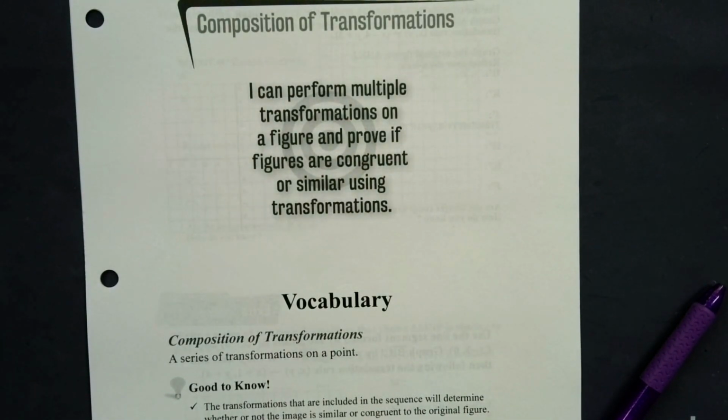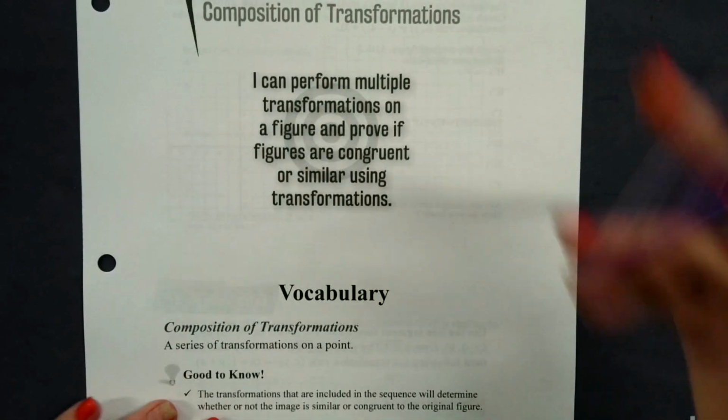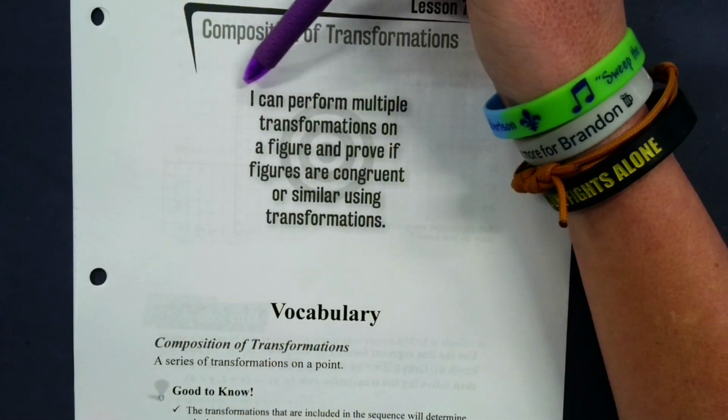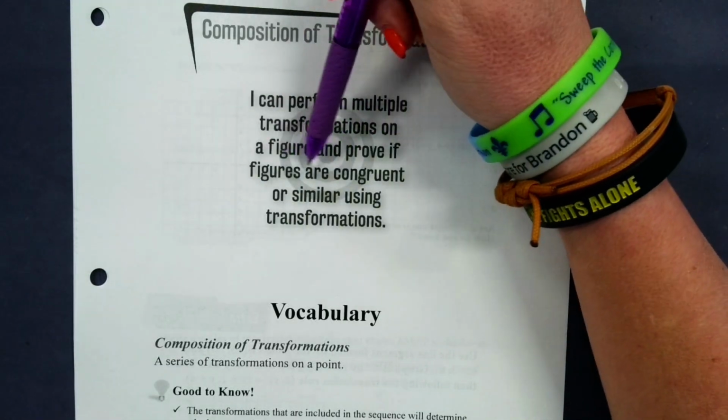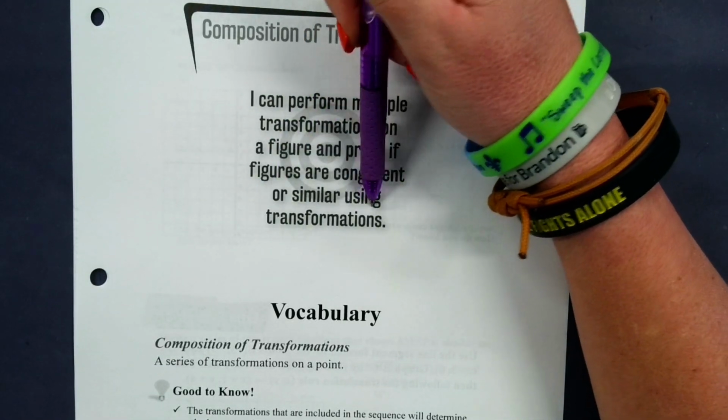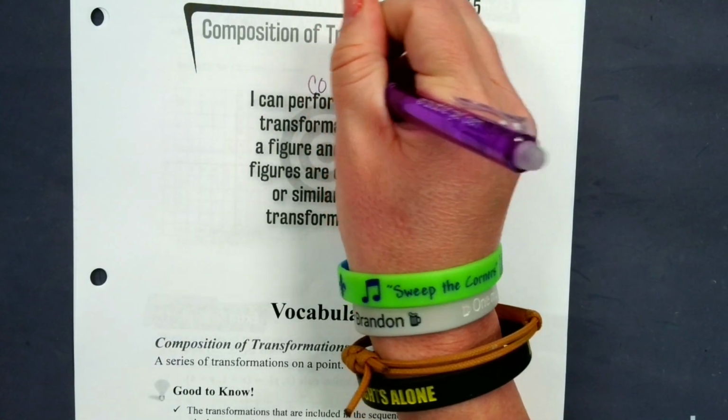Okay. So just like I just read the content objective to you, I can perform multiple transformations on a figure and prove figures are congruent or similar using transformations. This is our CO5.